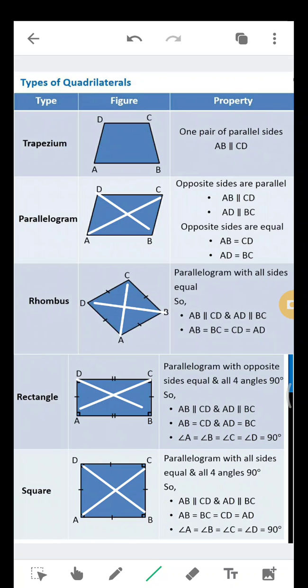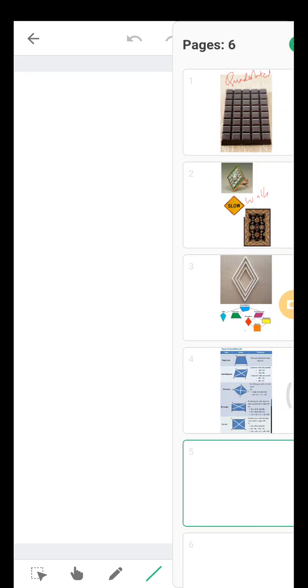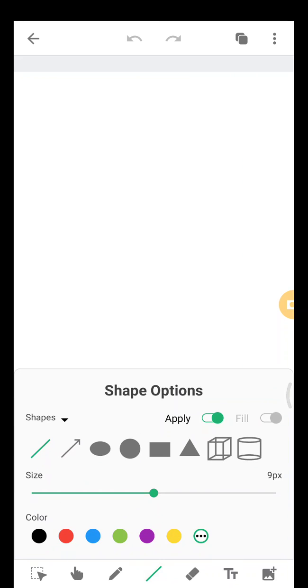So there are two conditions about the diagonals. Let me explain that. If I draw two lines just like this, I can say these two lines are perpendicular to each other and they bisect each other.